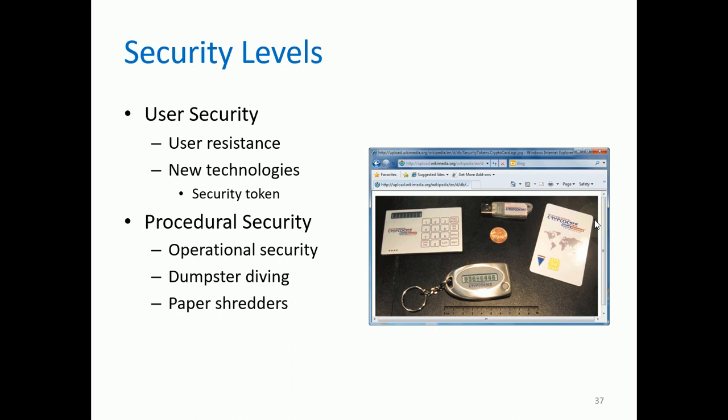And then procedural security, also called operational security. One type of procedural security is dumpster diving. Dumpster diving is when people who have interest in the company look for data and information in your trash bin. They will look for financial data.